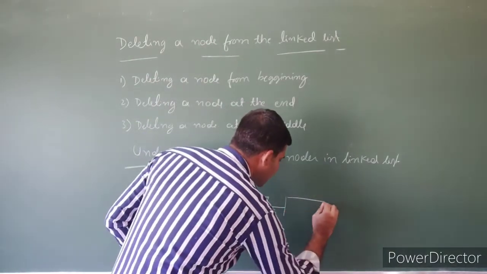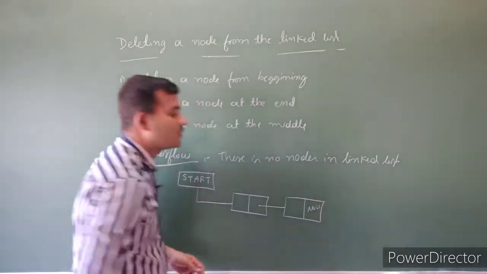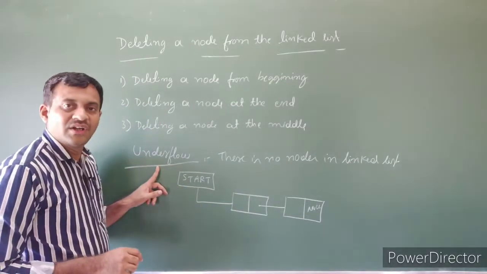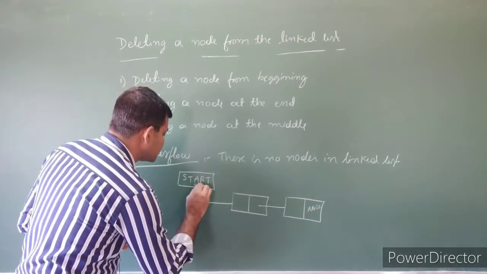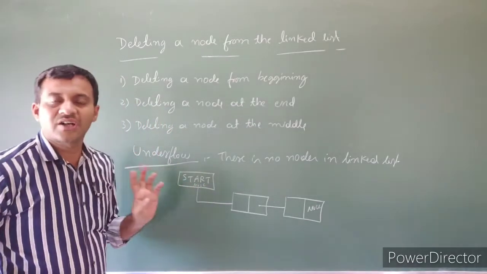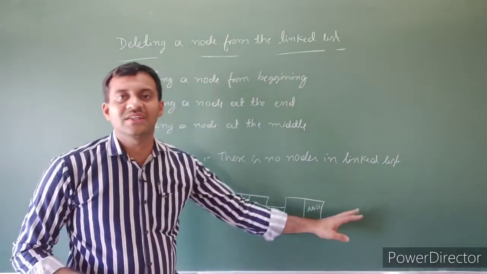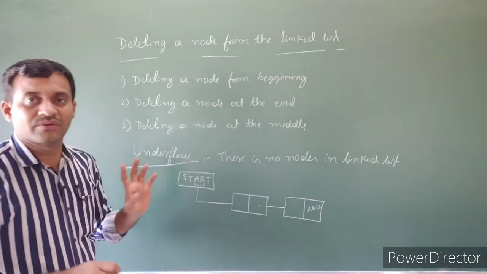The first node's link part stores the address of the second node. The last node's link part stores null. It is underflow if the start pointer has a null value, because then there are no nodes in the linked list. This condition is called underflow.